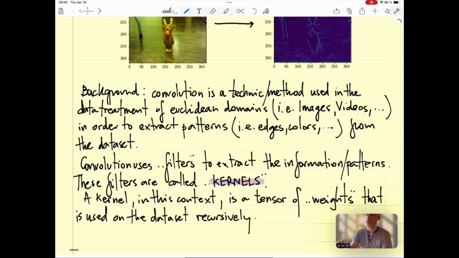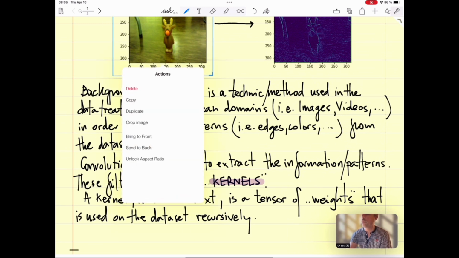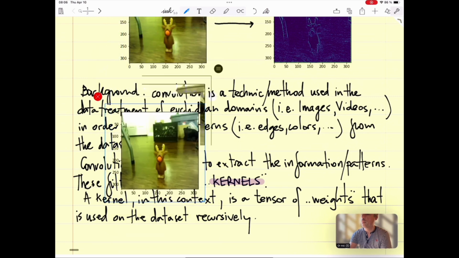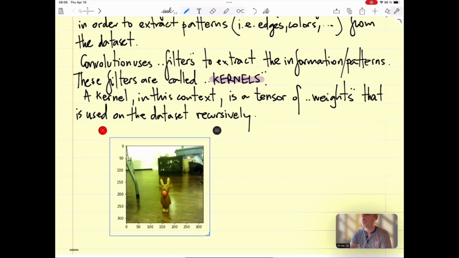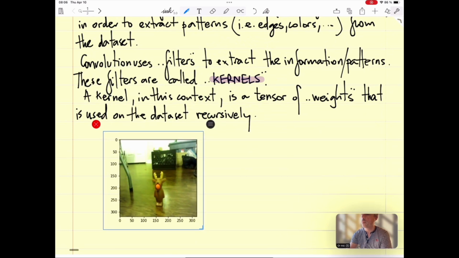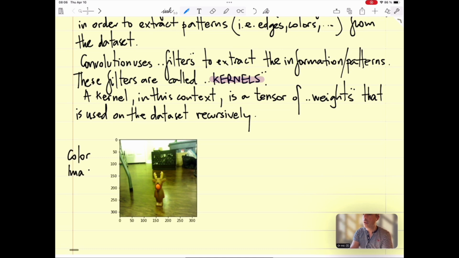Okay. So if we have our dataset, let's say we have this color image.